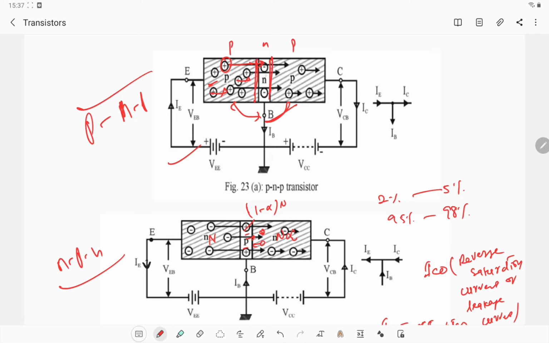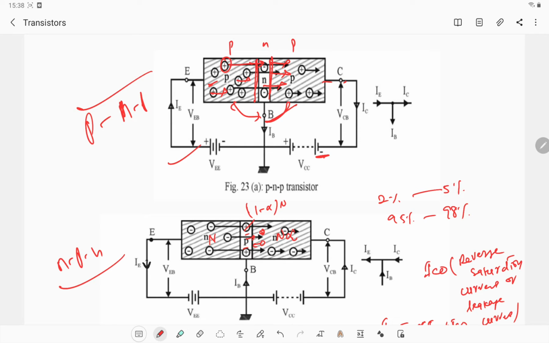In this n-type semiconductor, there are fewer electrons. Therefore, when some of the holes from the P side reach the base region, some of the holes recombine with the electrons and are neutralized, and the remaining holes enter the collector region. But this collector region is connected to the negative terminal, therefore these holes are attracted to this negative terminal. Like this, charge flows in a p-type semiconductor.